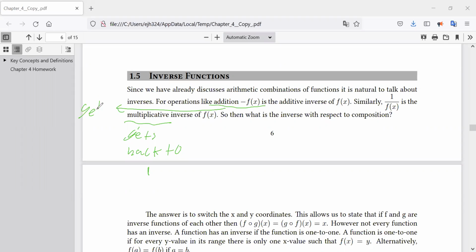Yeah. And the reason is that this is what's called a multiplicative identity, which means that if you multiply something by 1, it doesn't do anything, right? And this is what's called the additive identity, which means that if you add 0 to anything, it doesn't change anything.